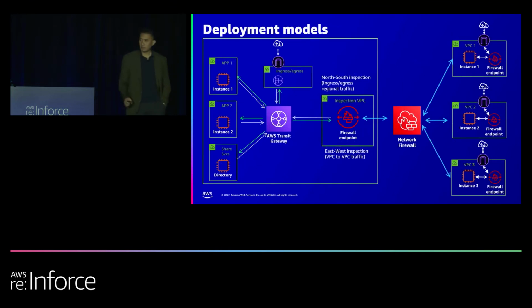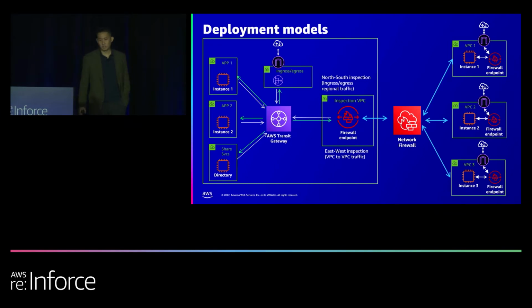So there are several ways you could deploy network firewall, and we have guidance through our blogs and our documentation. Two ways that you could consider deploying are, one, you could create one in a VPC to accept traffic from all the attachments at your transit gateway for inspection at a central VPC before deciding whether or not to send them on to their final destination.